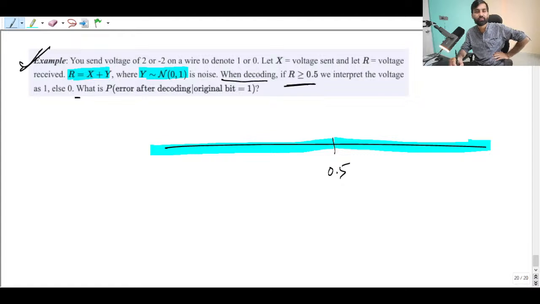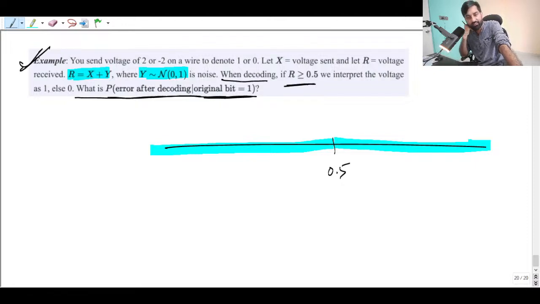Now the question is, what is the probability of error after decoding given that the original bit is 1? Suppose you're sending 1, and it is not necessary that you're going to get 1, right? This is nothing but a probability of error, and here they are asking the conditional probability. So error after decoding means what?